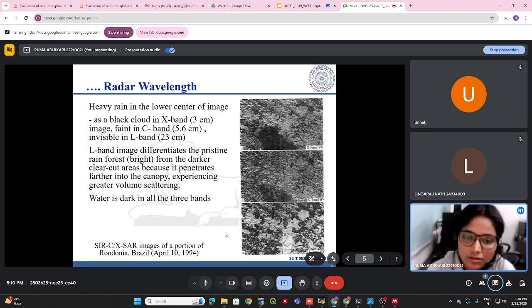One thing also to notice is that water appears dark in all the images. This portion in L band is more bright compared to C band. But the water, you can see one river, appears dark in all three images. Why that is, we will see today.